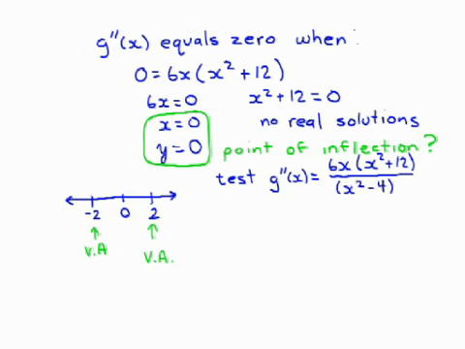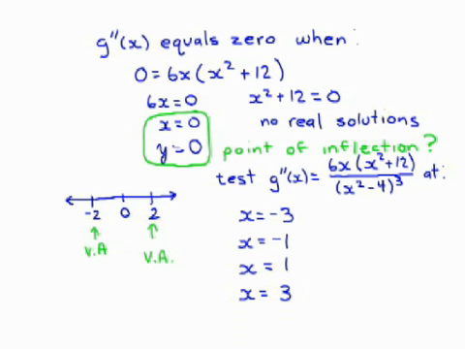So now we're going to test g double prime x at x equals negative 3, x equals negative 1, x equals 1, and x equals 3. These are x values found in my 4 different intervals found on that number line.